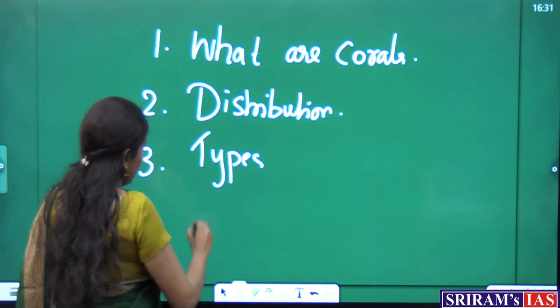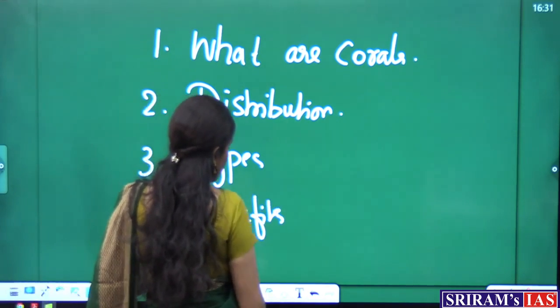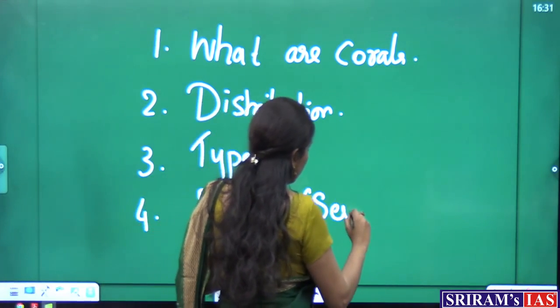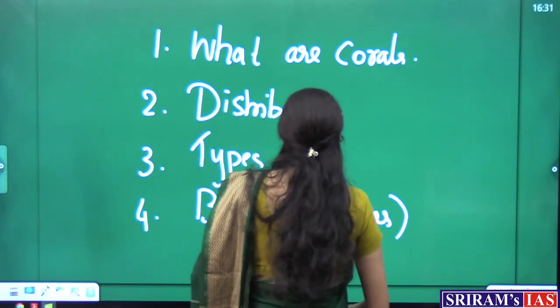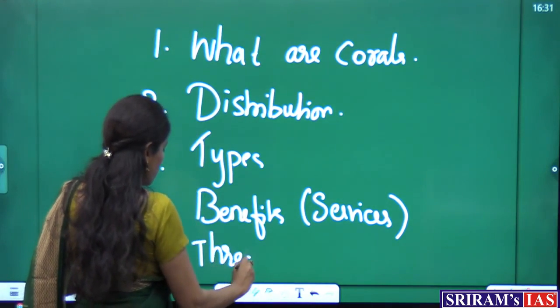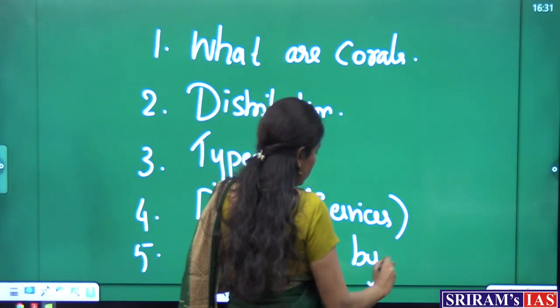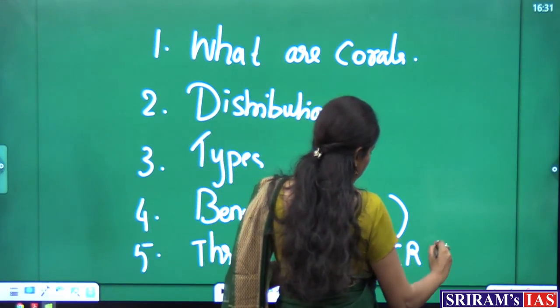Fourth, benefits or services given by the coral reef ecosystem. And fifth, threats faced by the coral reef ecosystem.